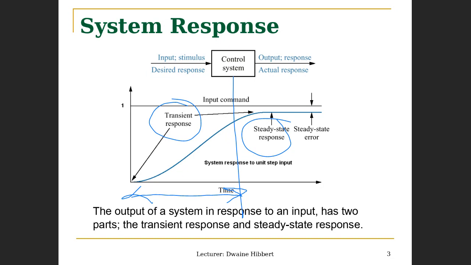Long and short, 2 parts: the system in transient, and when it actually settles down. Now, there's a descriptive term here, steady state, which we'll discuss a few slides down. We'll talk a little bit more about what that means.